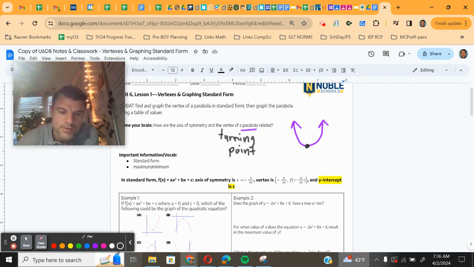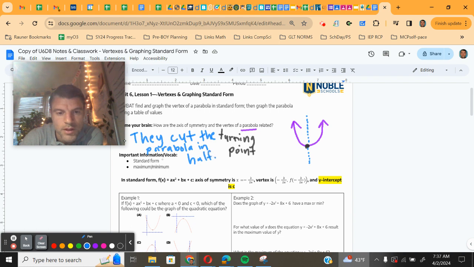Your axis of symmetry is always going to cut the parabola in half at the turning point. They both help cut the parabola in half. Okay, let's look at some new stuff.